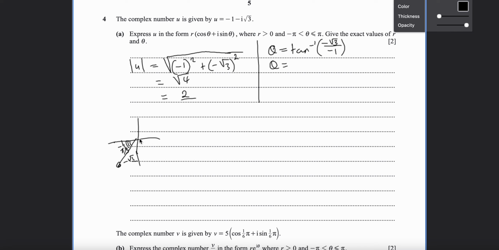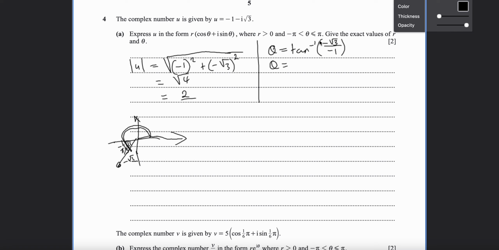Now we were told that when we are looking for the argument, we start from the positive real axis going anti-clockwise. But if we consider that angle, this whole angle is outside of the range, because we are given a range of minus pi to pi.